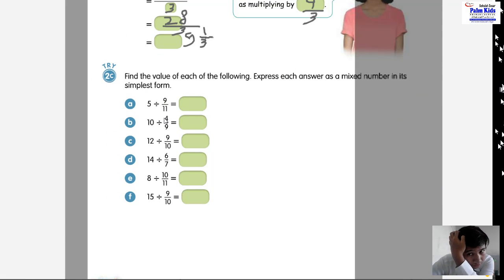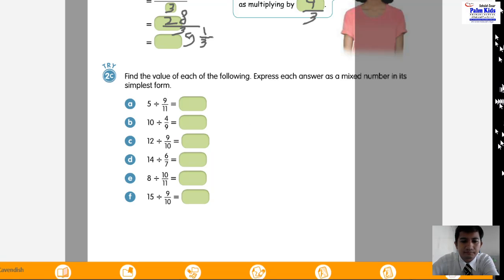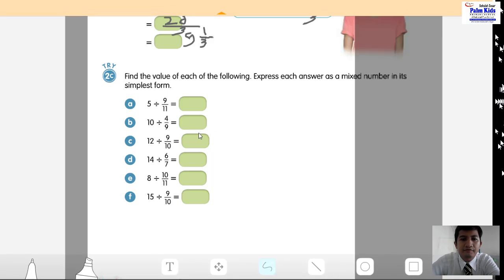Find the value of each of the following. Express each answer as a mixed number in its simplest form. 5 divided by 9 per 11 equals 5 multiplied by 11 per 9, equals 5 multiplied by 11 is 55.